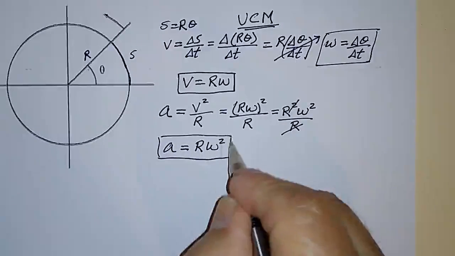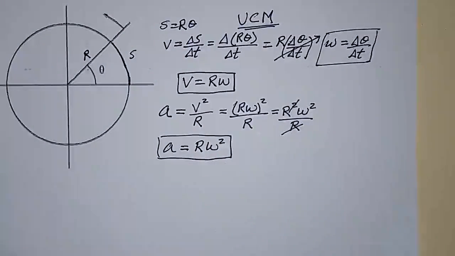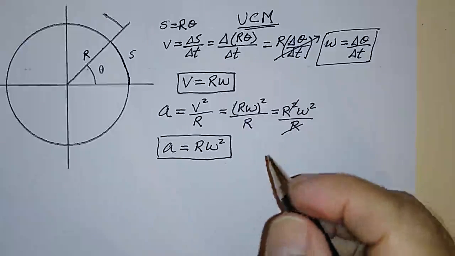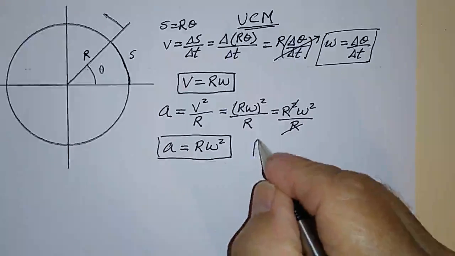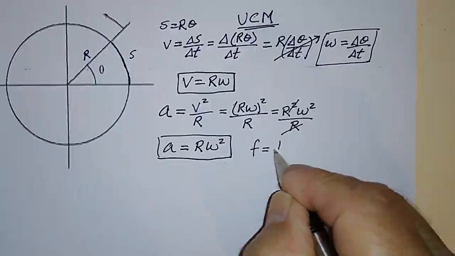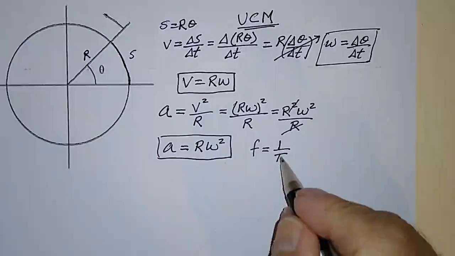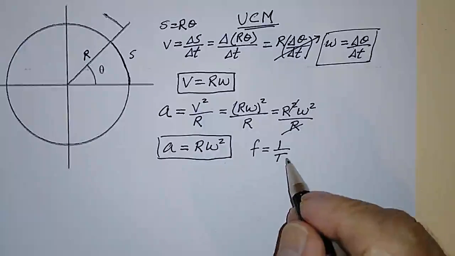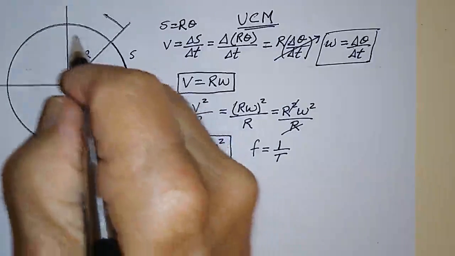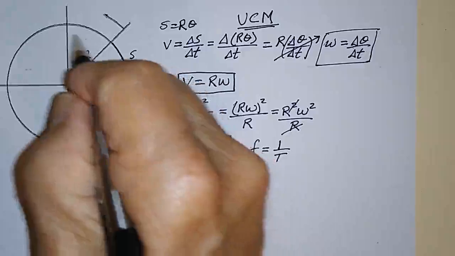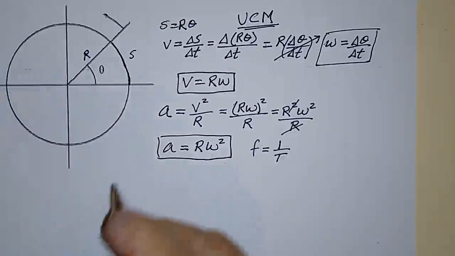Another useful equation. Now we also know that the frequency is just equal to 1 over the period, where the period T is the amount of time it takes to make one complete circuit when you're executing uniform circular motion.